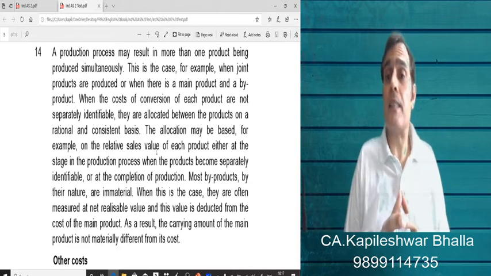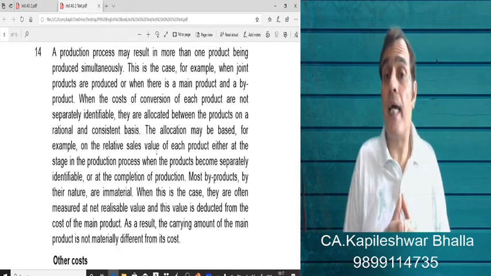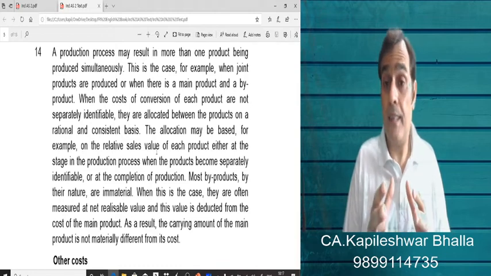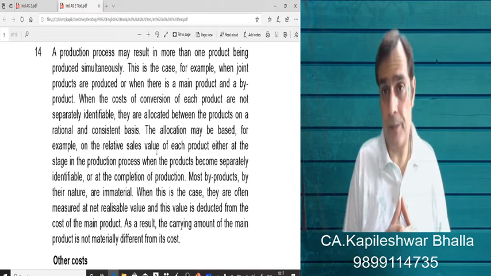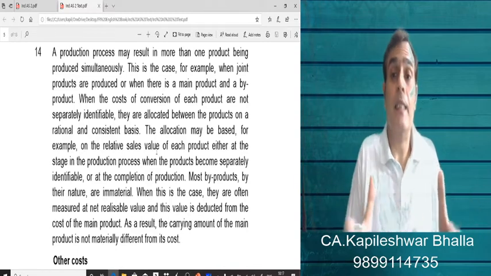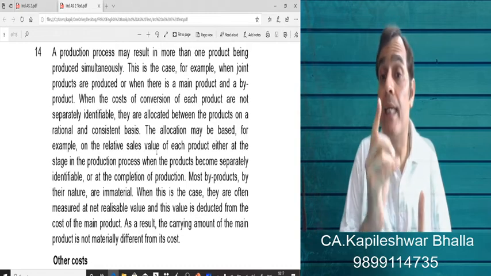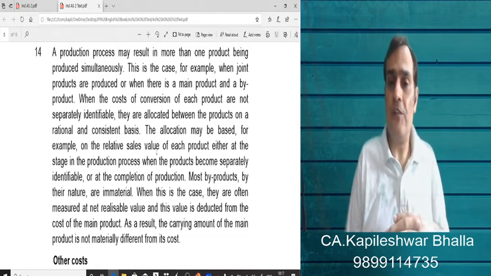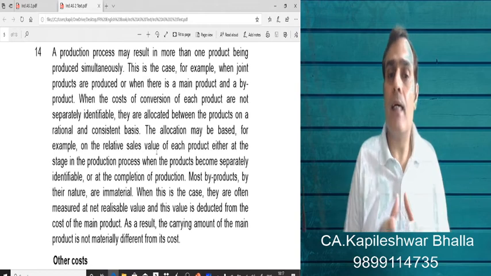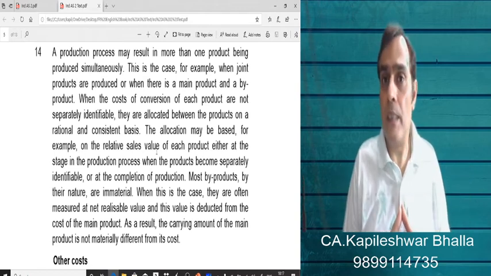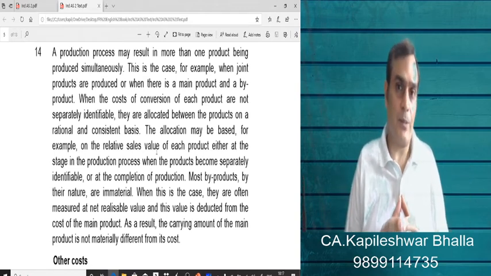It says when this is the case, they're often measured at NRV, and this value is deducted from the cost of the main product. So very clearly what I said, that you will take the JPC and you will reduce the NRV from the JPC. As a result, the carrying amount of the main product is not materially different from its cost.